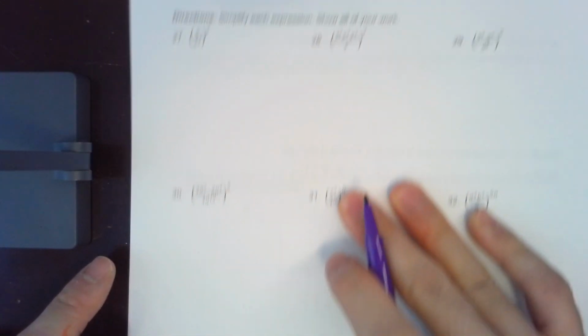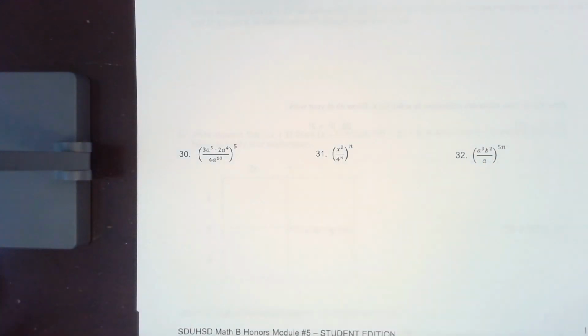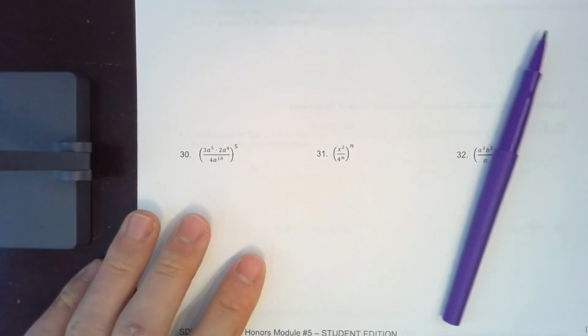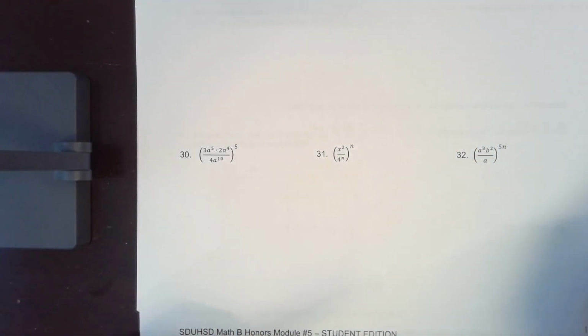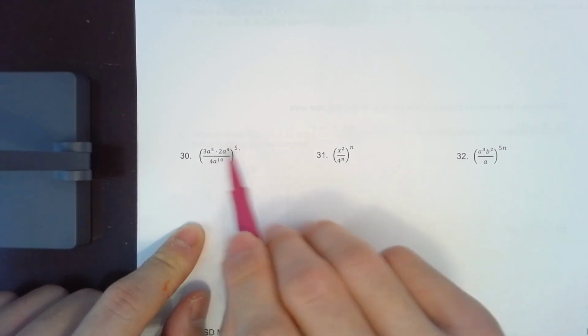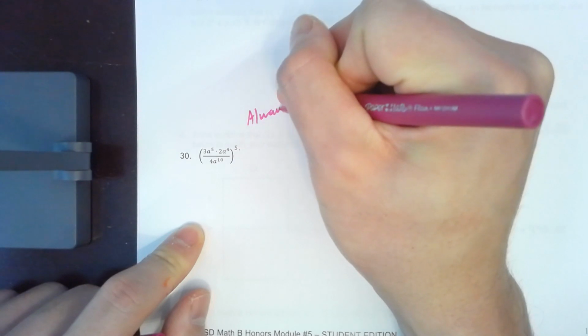Okay, so let's try one last problem, number 30, just because it looks intimidating, but it's really not. One thing I like to do, and I always recommend, before we even try to distribute this 5, because you can see that 5 is outside of the parentheses, I would just simplify. So here's my tip.